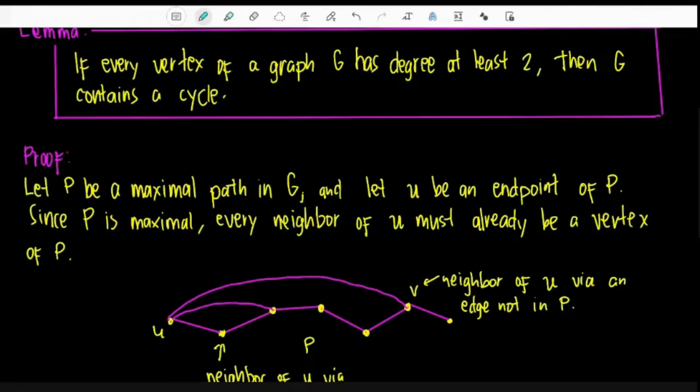Because if there is another vertex that is neighbor to U, let's say this is another vertex not in the path, but a neighbor of U. Okay, so let's say that U and U prime are neighbors, but U prime is not in our path. Then our path plus this new edge U and U prime must be longer than P. Right?